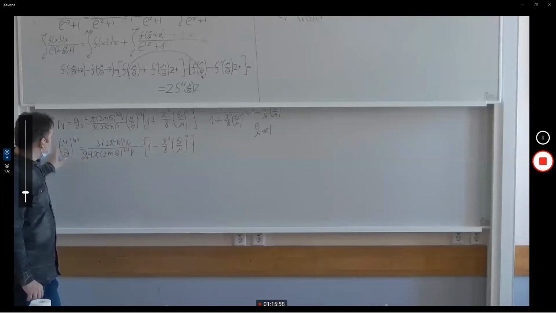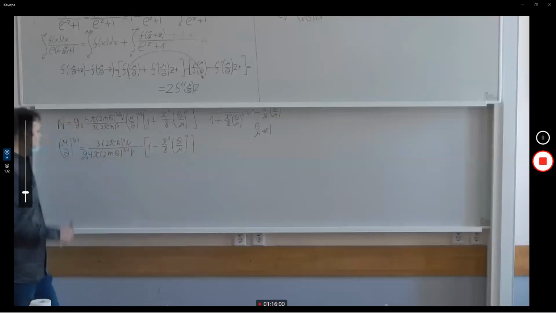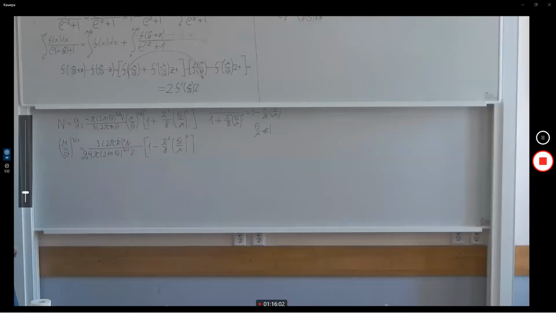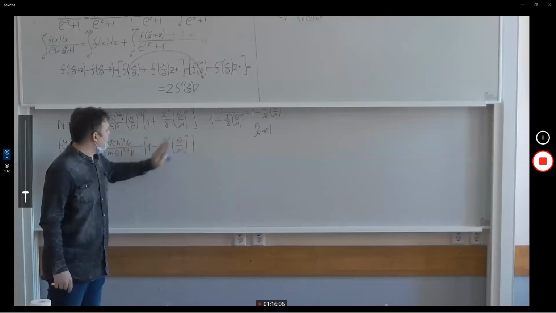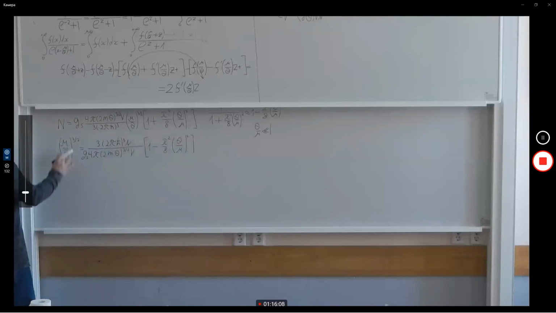I can solve this equation order by order. At the first step, I set the temperature to 0. And in this case, I find, okay, it's too fast.